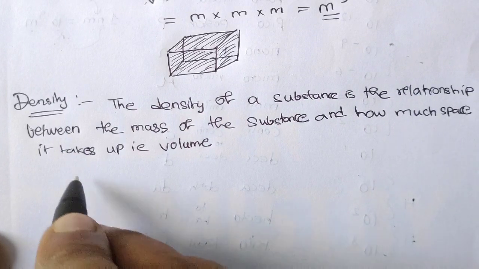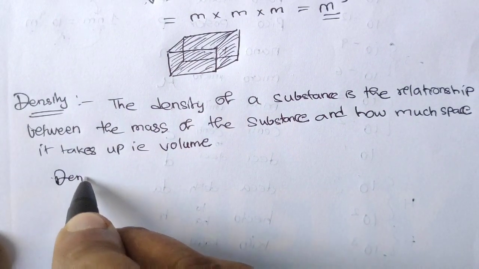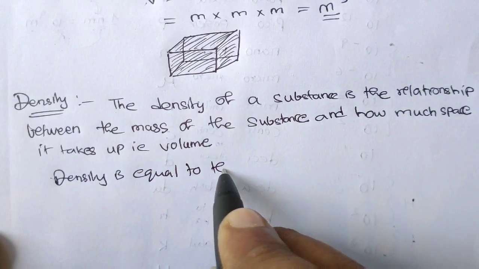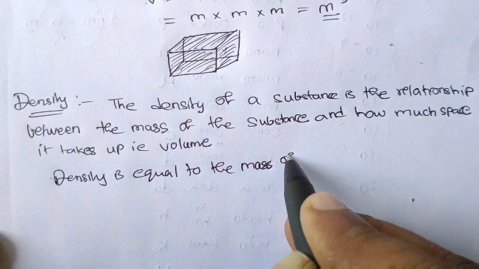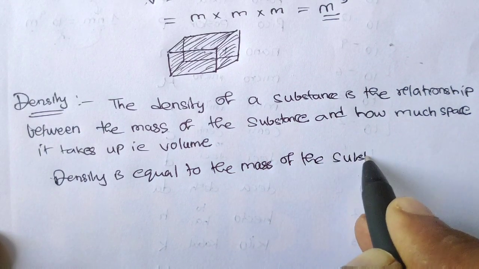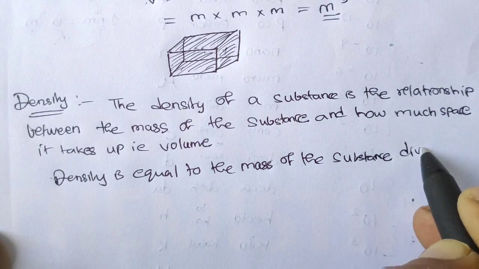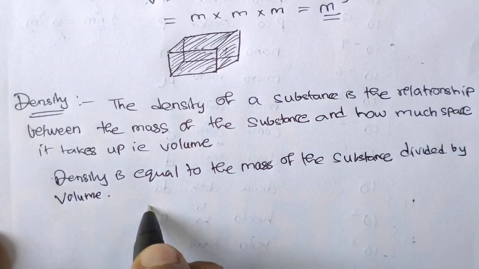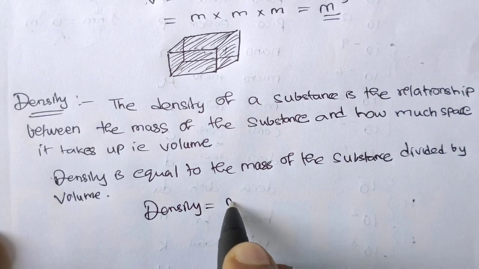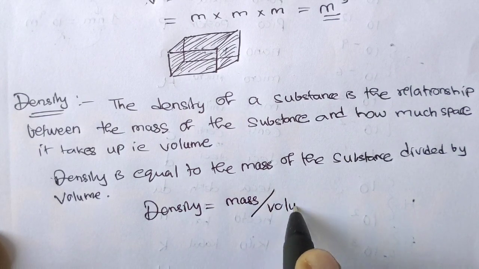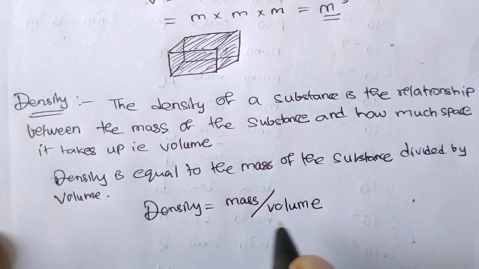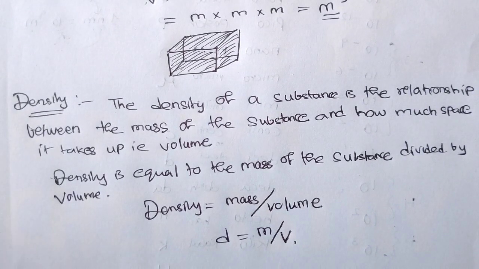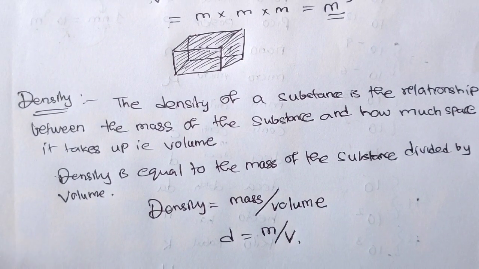Density is equal to the mass of the substance divided by volume, right? So we can write density is equal to mass upon volume, right? So D is equal to M by V. Understood? Now next we will discuss temperature.